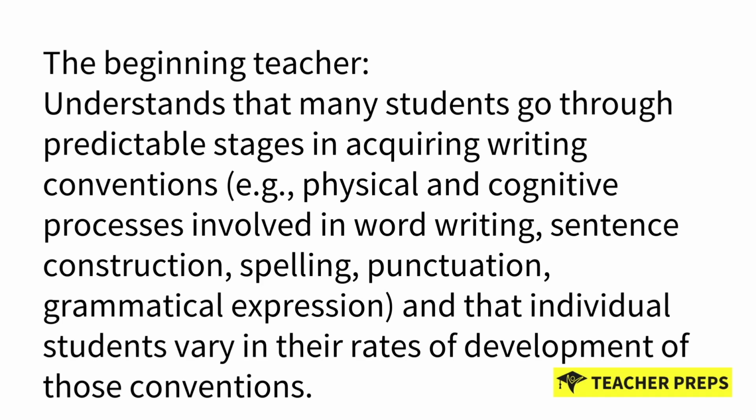After reading this, I see that the key point here is understanding the stages in acquiring writing conventions. If you're ready, let's jump straight into the learnings of this lesson.